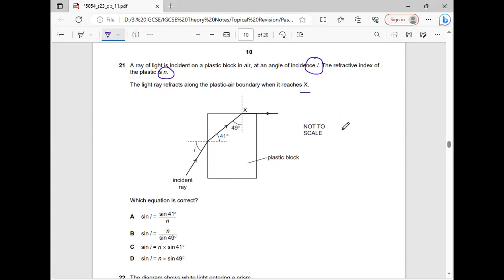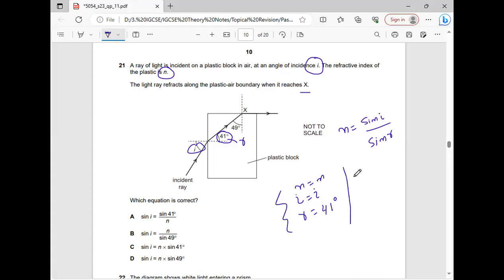Since we know that for the refractive index, the standard equation is N equals sine I over sine R. Here N is the refractive index, I is I, and R is the angle of refraction, and the value of R is 41 degrees. Now substituting these values, we get N equals sine I over sine 41 degrees.